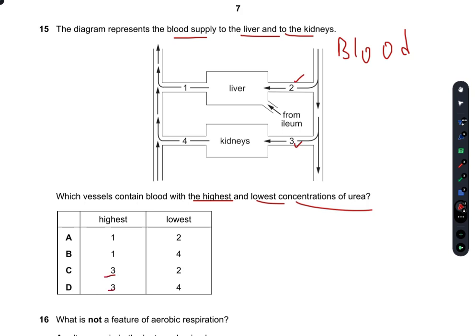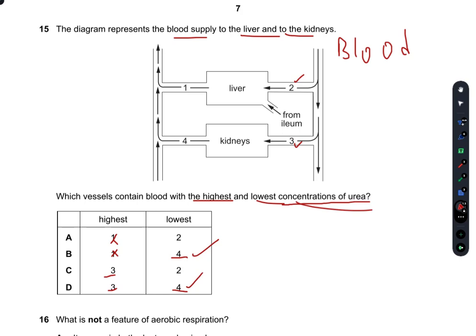So A and B are incorrect. Whereas if we check the lowest concentration of urea, the highest concentration of urea would definitely be in 4.